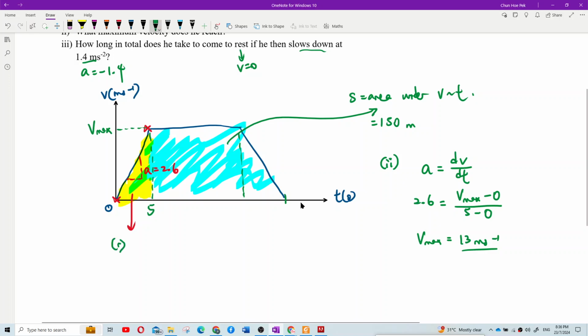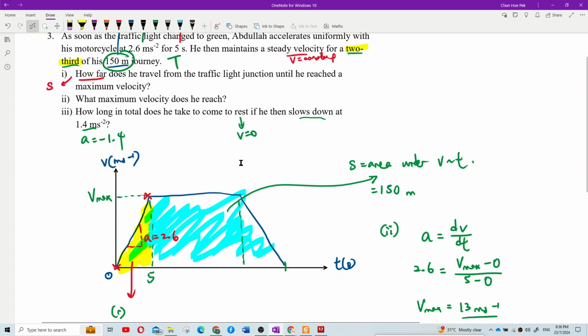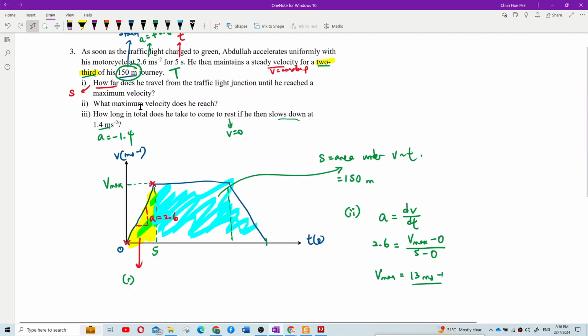So question 1, I want to find how far it traveled until it reached a maximum velocity. Firstly, you may think this is a question for the kinematic formula, right? But it appeared to become a graph question. Actually, if you look here, this is a kinematic formula.